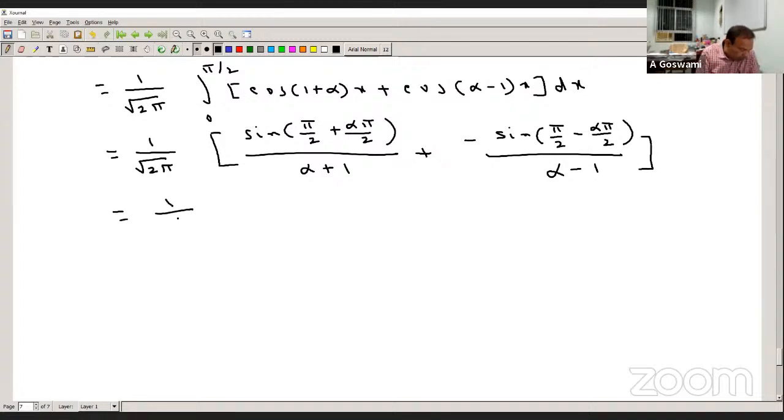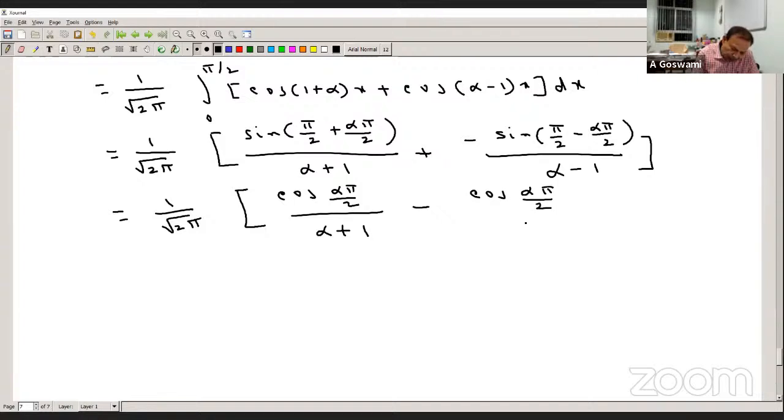And this we can write as 1 by root 2 pi, cos of alpha pi by 2 by (alpha plus 1) minus cos of alpha pi by 2 by (alpha minus 1). And note that alpha is not equal to plus or minus 1. Alpha should not be equal to plus or minus 1.